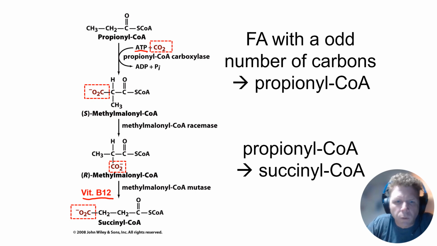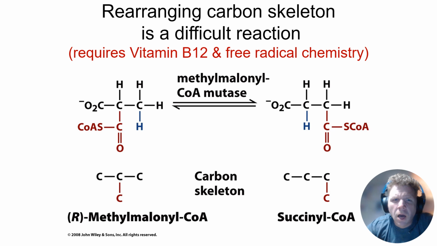Succinyl-CoA. Man, where have we seen that before? Oh yeah, that's right. The citric acid cycle. So we're converting an odd-numbered fatty acid to an even-numbered molecule. So we're going from 3 carbons of propionyl-CoA to 4 carbons of succinyl-CoA.